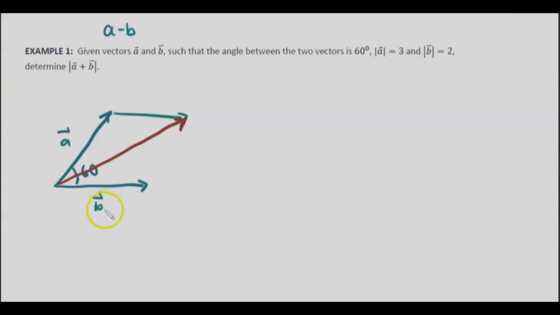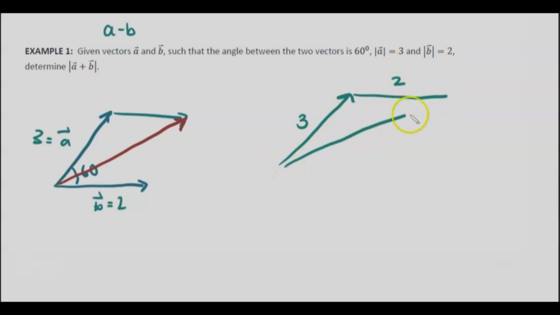Okay, so let's label this. B is 2, A is 3. If we focus on what we're dealing with here, we have 3, we have 2, and then we don't know the resultant. Now, when we're talking about the angles, here's the thing.